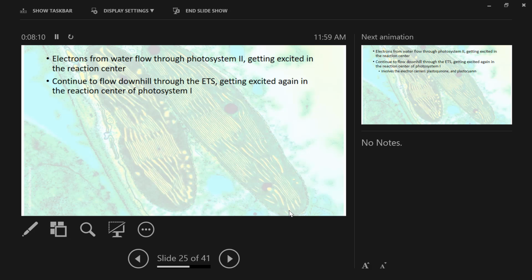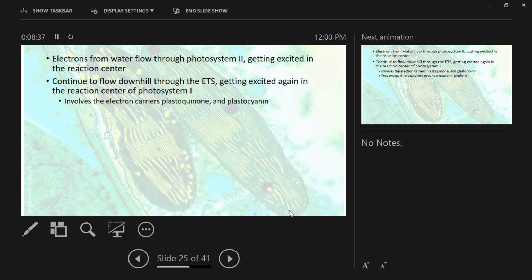Now, where it's different, you have different electron carriers. In the electron transport system in cellular respiration, what are our electron acceptors? Well, it starts with NADH. So this is cellular respiration, it's not photosynthesis. You've got NADH and FADH2 that were reduced in steps 1, 1A, and 2.